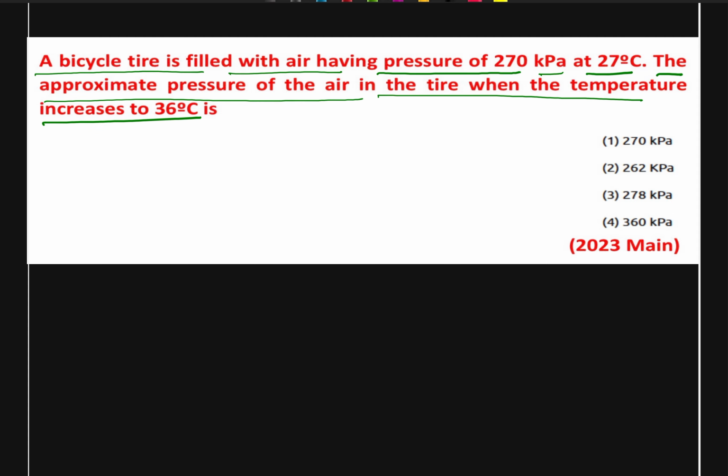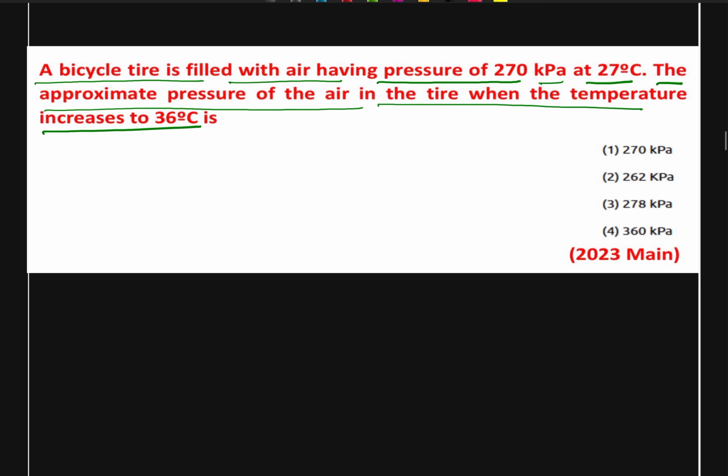So in this case we can use Lussac's law, and based on this we are going to get our answer straightforwardly. It is also called Lussac's law, a little difficult for me to pronounce.